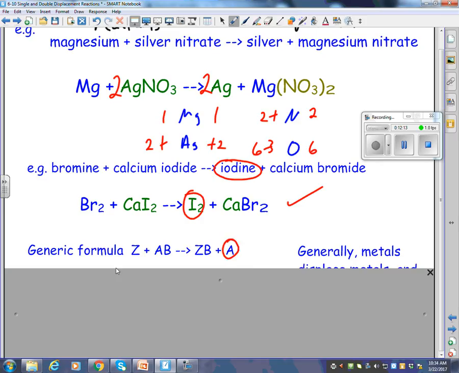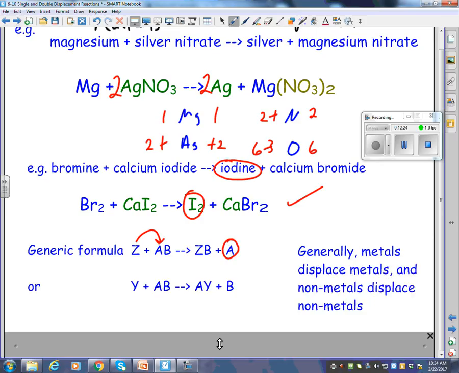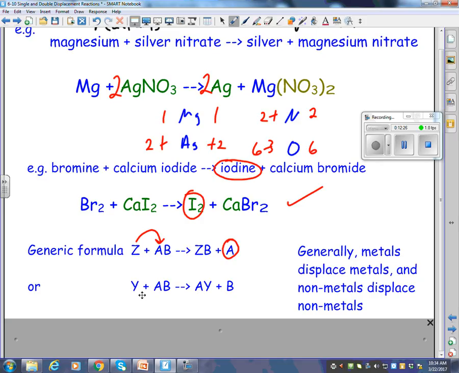The Z has taken the place of the A. You can say Z if you prefer. Here I've got Y plus AB. Here, what's been kicked out? The B. How come in this one the Z is in front, and how come in this one the Y is in the back? Well, it depends.